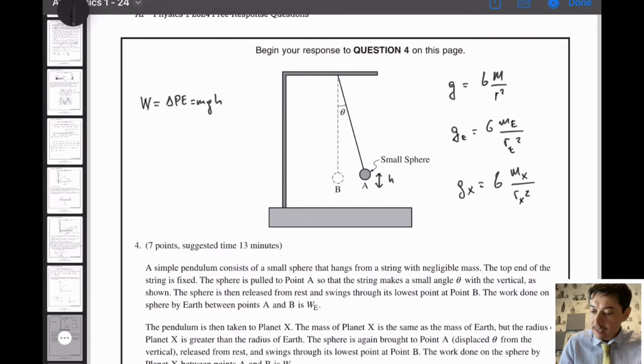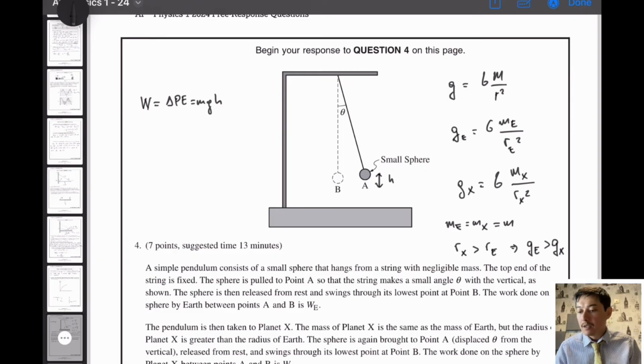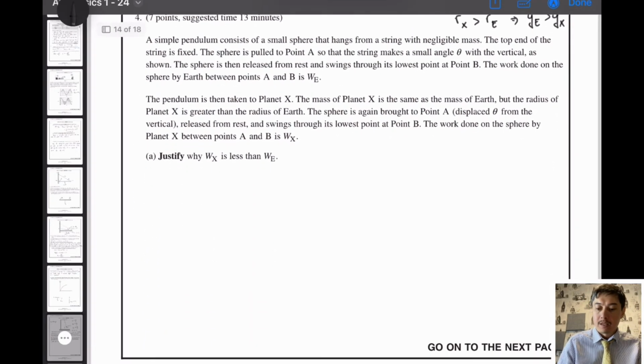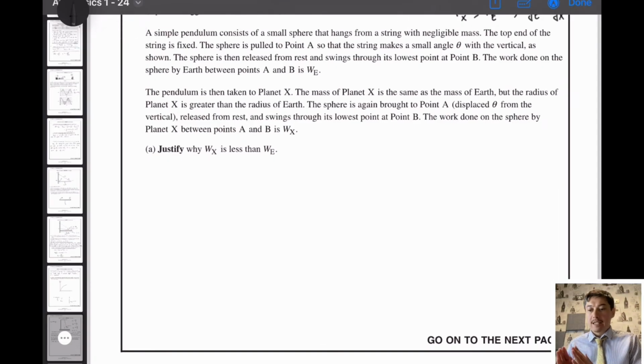The masses are the same, but the planet X has got bigger radius, which means that it has got smaller gravitational strength. If on Earth it is 9.8, on planet X it is smaller, maybe 9, maybe 8. So, because g is small, the work done must be less.